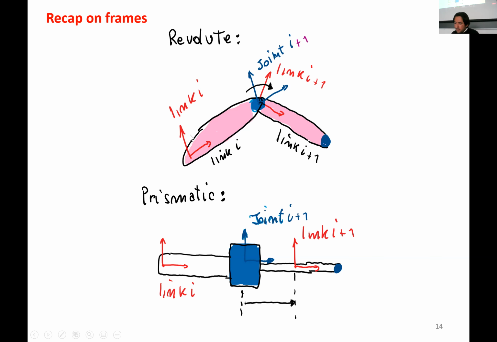If we're talking about revolute joints, then the orientation of the frame of link I is coincident with the frame of joint I. But now we're talking about relations between links, so it's from link I to link I plus 1. In the middle, there is joint I.